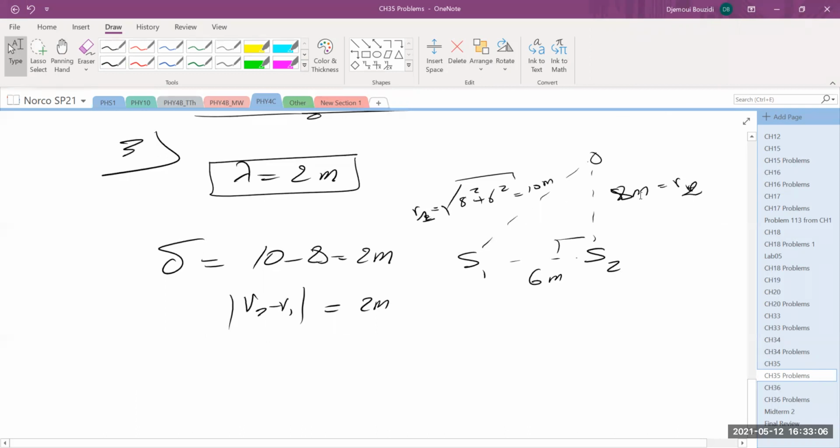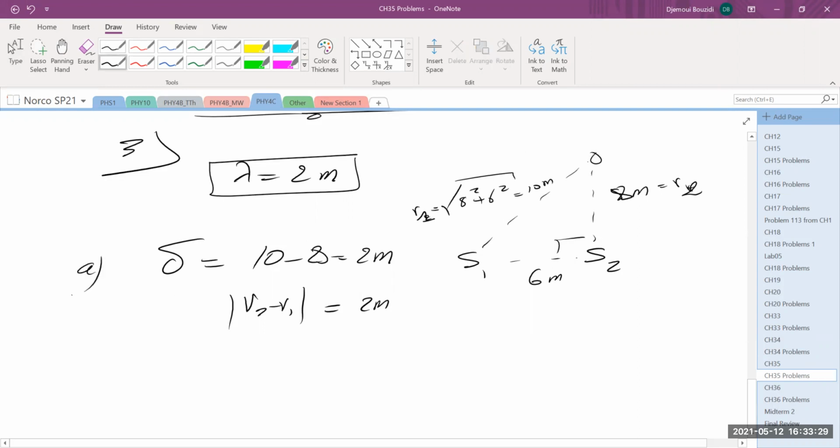As long as I take the big minus the small, that is fine, because you're dealing with a cosine function when it comes to the difference in paths. So this is how much more one will travel than the other. One will travel 10 meters, the other one travels 8 meters. So there is the difference in path of 2 meters. That's in a nutshell the answer to question A.